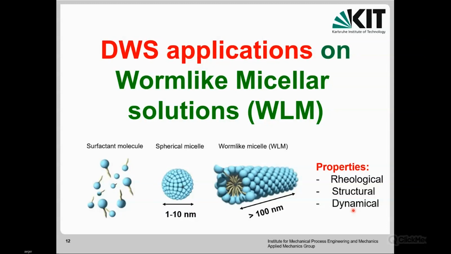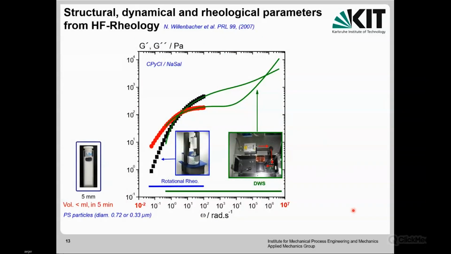And this is an example comparing the viscoelastic properties, G' and G'', obtained on a surfactant system. It was cetylpyridinium chloride mixed with sodium salicylate salt. It's a typical model system, this surfactant solution.